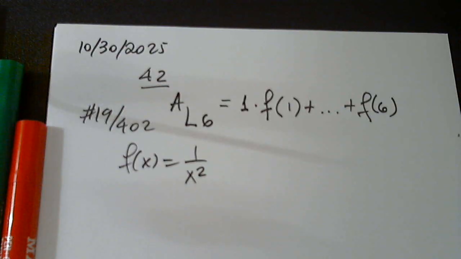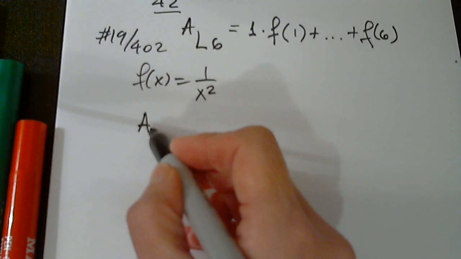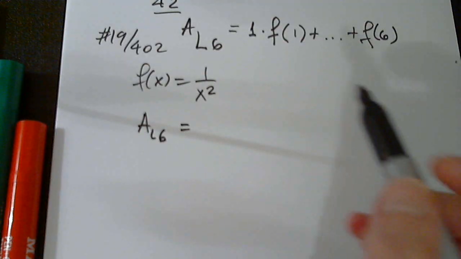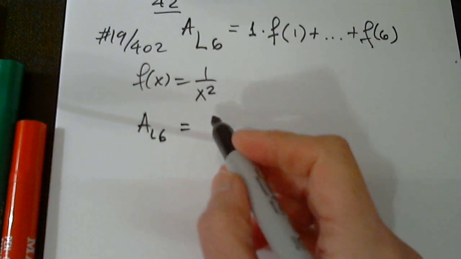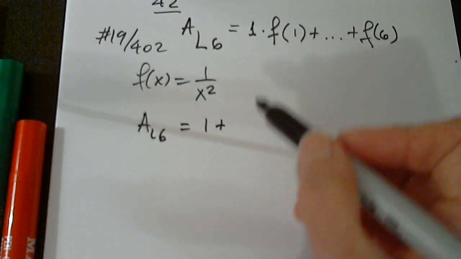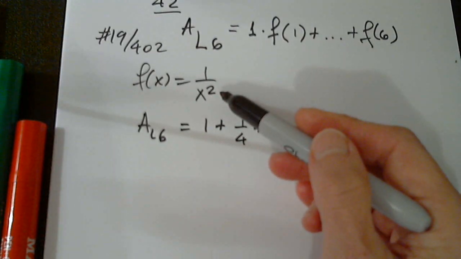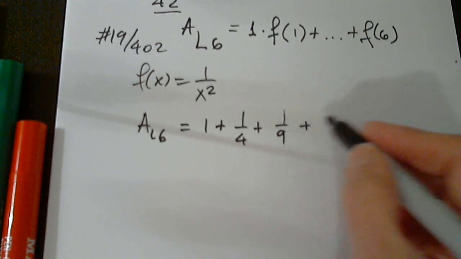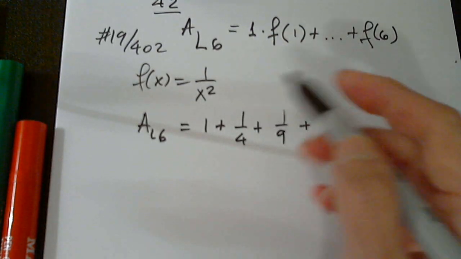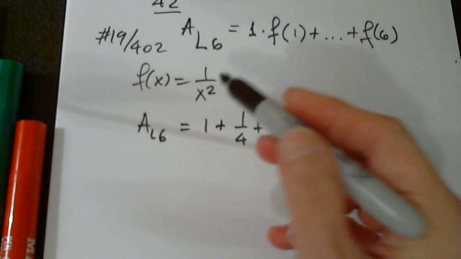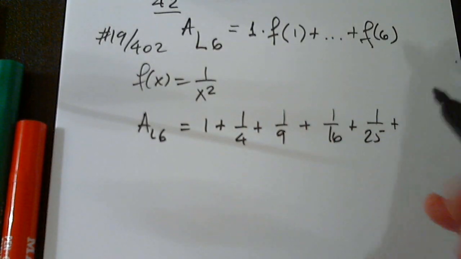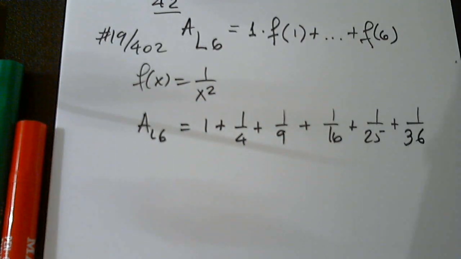So then the area with the leftmost point with 6 subintervals will be f of 1, which is 1, plus f of 2, which is 1/4, plus f of 3, which is 1/9, plus f of 4, which is 1 over 16, plus f of 5, 1 over 25, and the last one, 1 over 36. I'm not going to approximate any of these. I'm just going to put them in the graphing calculator and just calculate. There is no point.